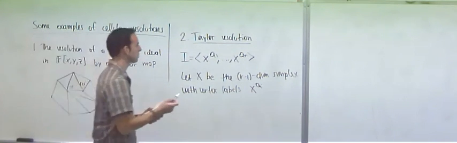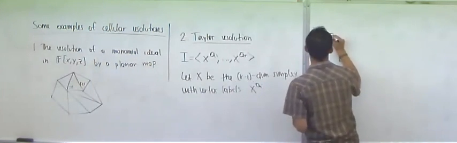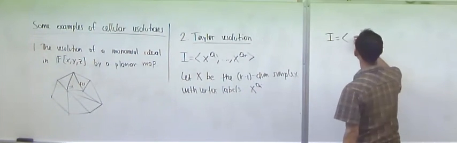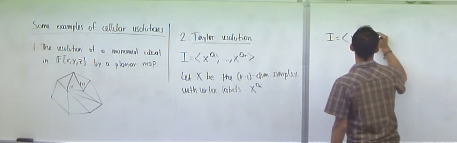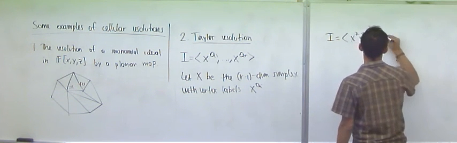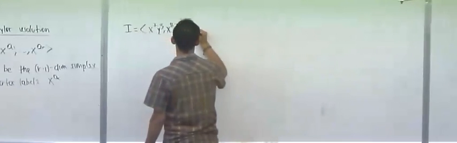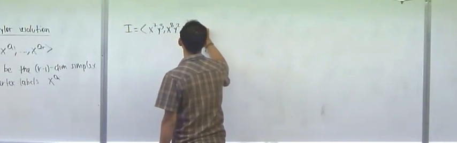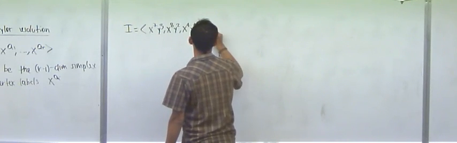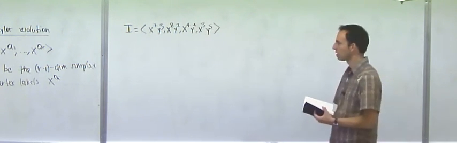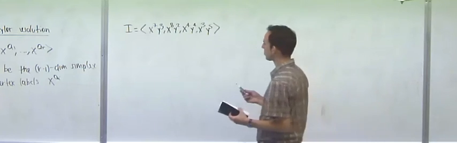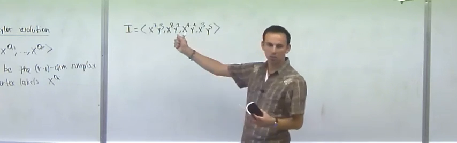Let's do just a quick example of this. Maybe we have something like this: x to the 7th y cubed, x to the 8th y squared, x to the 4th y to the 4th, x cubed y to the 5th. So that's a monomial ideal in two variables. And so what I do is make a simplex with that number of vertices.